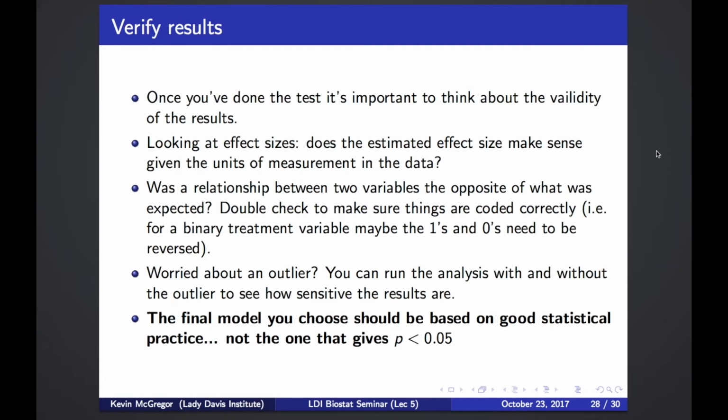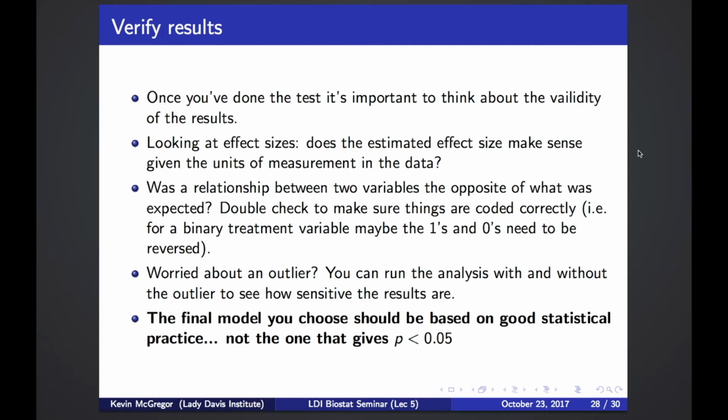So if your variable ranges from 0 to 10 and your effect size is 200, then that's a good sign that something's gone wrong with your analysis, or maybe there's an error in your data set. Just by seeing if your results actually make sense given the units of measurement in your data, it can be a very good way of finding problems in your data set or in the procedure of your analysis.